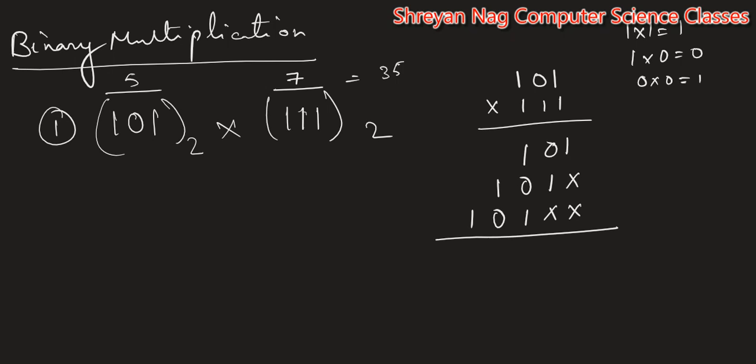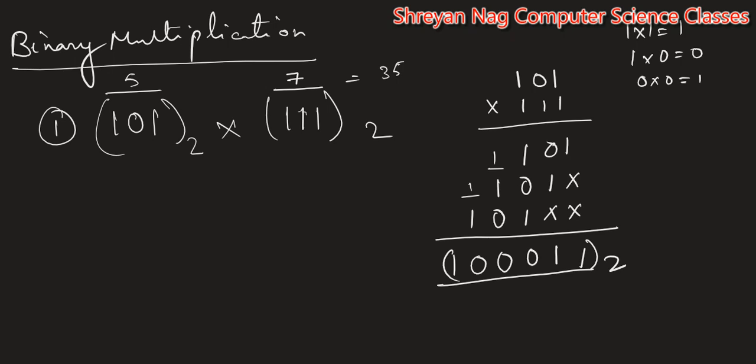So 1 0 plus 1 is 1, 1 plus 0 is 1, and 1 plus 1 is 1 0. So again here carry. So 1 plus 1 is 1 0, 1 0 plus 0 is 1 0, and carry 1 plus 1 is 0 and 1 base 2.